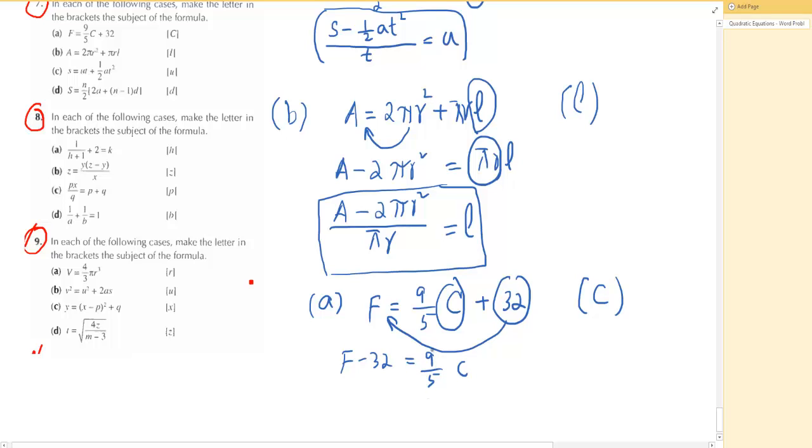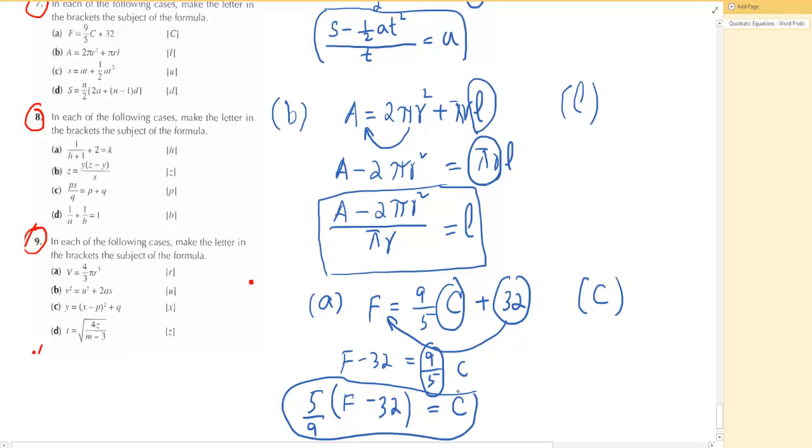Now by cross multiply, it is 9 over 5, it will become 5 over 9. You can use even cross multiply to find this C. It is up to you. So this is the answer. So I have done all the parts of question number 7.